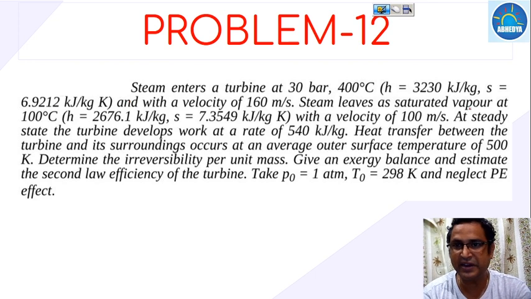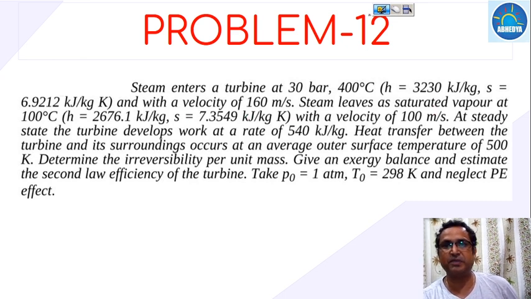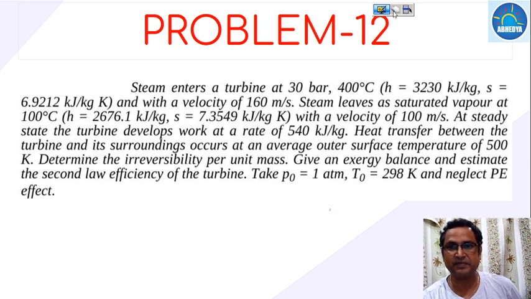So enthalpy and entropy values are given at the inlet, with a velocity of 160 meter per second. The steam leaves as saturated vapor at 100 degrees centigrade, with enthalpy and entropy given, with a velocity of 100 meter per second. Now first it's better to make the diagram.